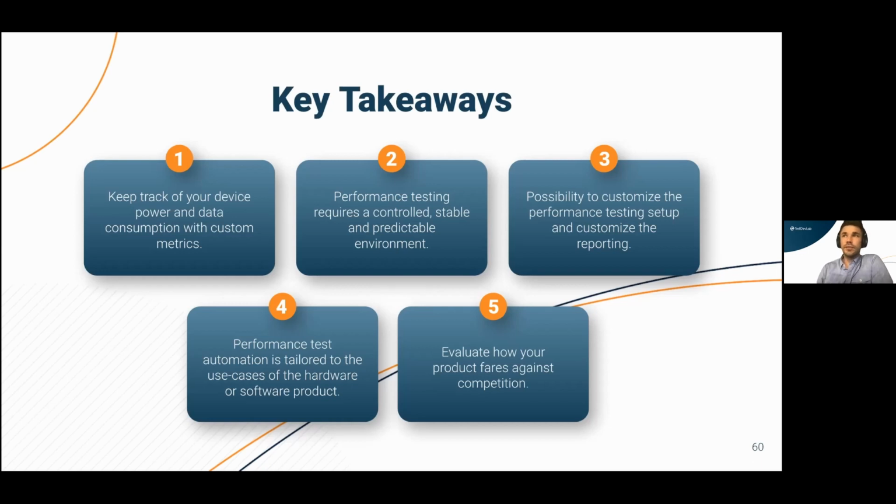Since there is so much customization going on, that's really a custom offer for every customer. And then we have performance test automation, which is tailored to those use cases. Sometimes it's very primitive automation just to cover the basic scenario of launching this activity or app and then a couple of button presses. Sometimes it involves more complex setups of several devices joining.